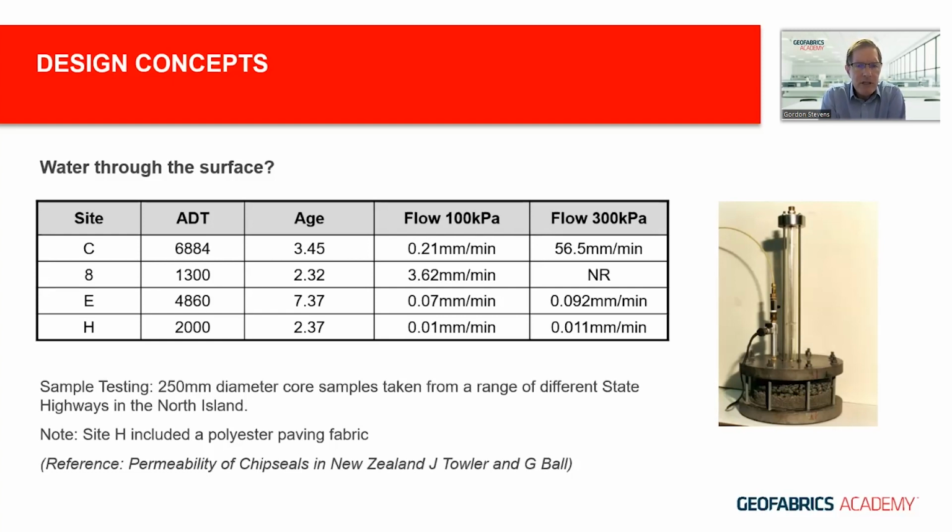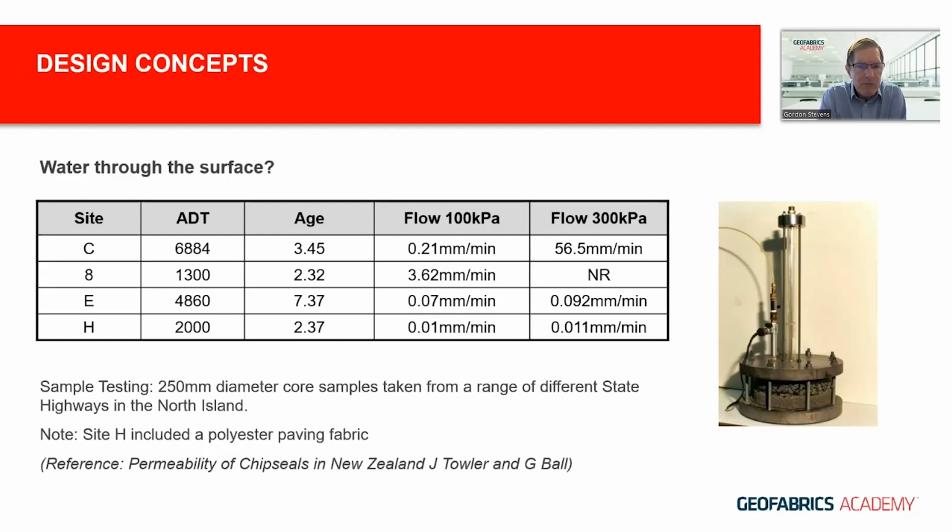And as you can see, there's a reasonable amount of water that enters the pavement, bearing in mind that the typical pressure under a wheel is somewhere in the vicinity of 500 to 700 kPa. So we're getting a fair amount of water going through.